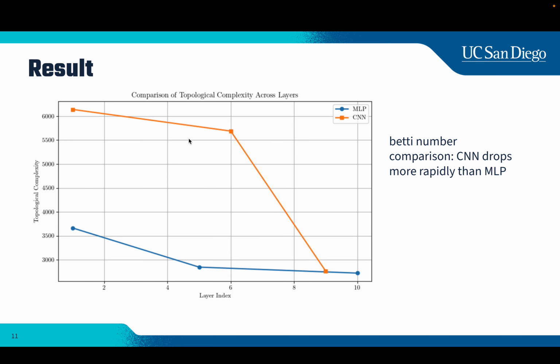We can observe that the first layer of the CNN exhibits significantly higher topological complexity than that of the MLP. This can be attributed to the CNN's convolutional nature, which retains rich local spatial structures in early layers. We can also see that the CNN drops more rapidly than the MLP.